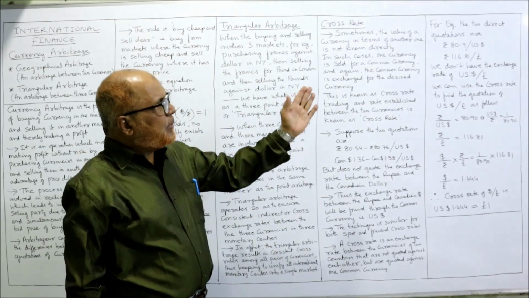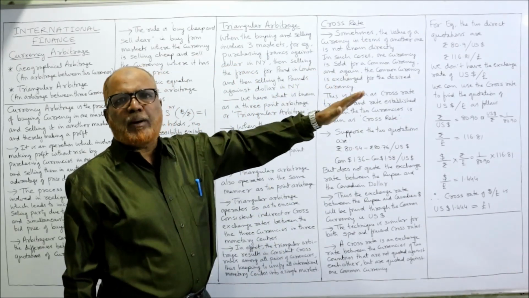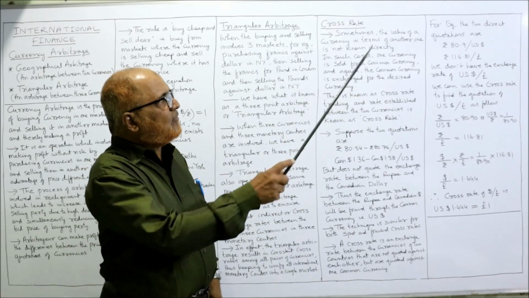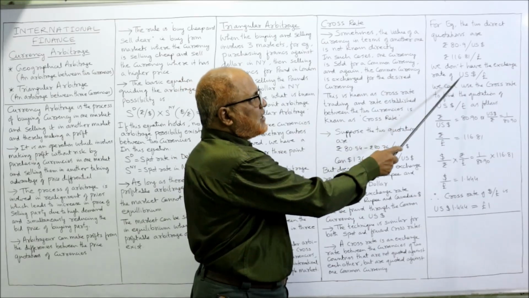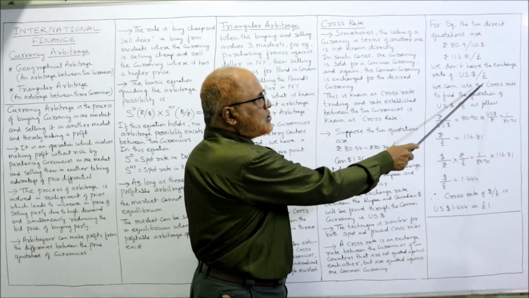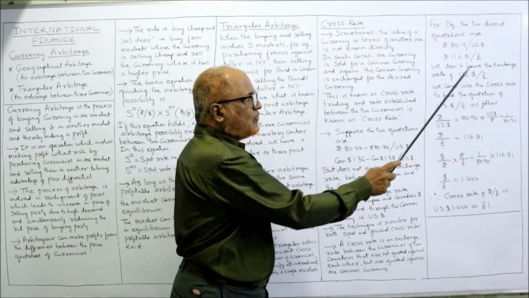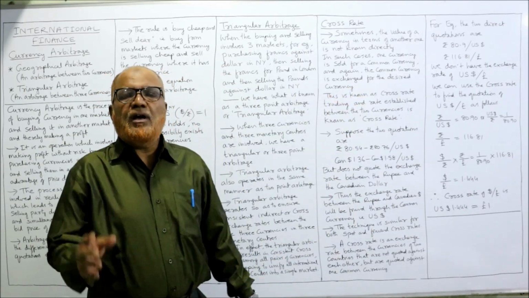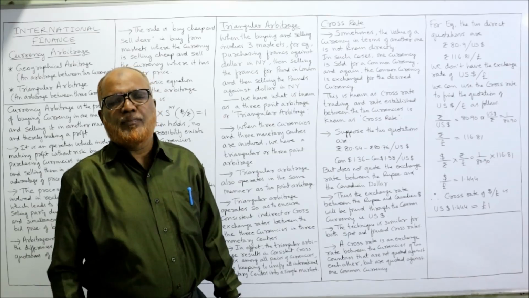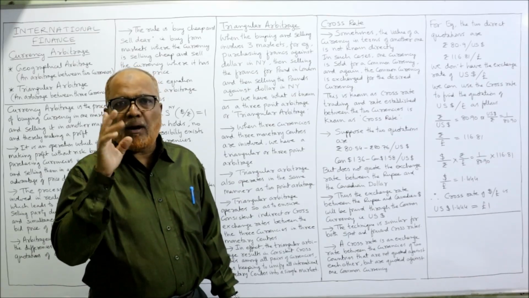So here we have rupees per US dollar, rupees per pound. We don't have the exchange rate of US dollar per pound. We can use the cross rate to find out the quotation of US dollar per pound. By using these two rates, we can find out the cross rate of US dollar per pound.